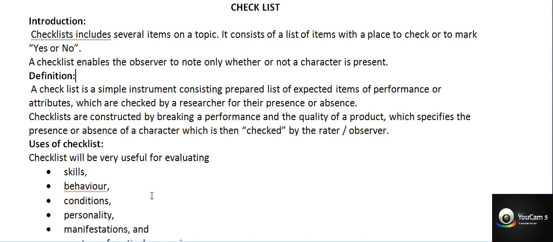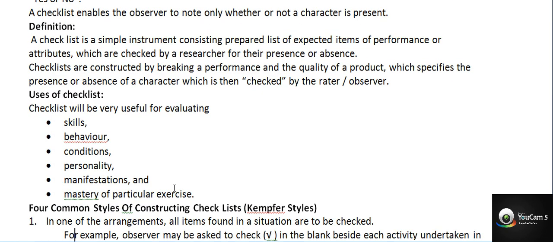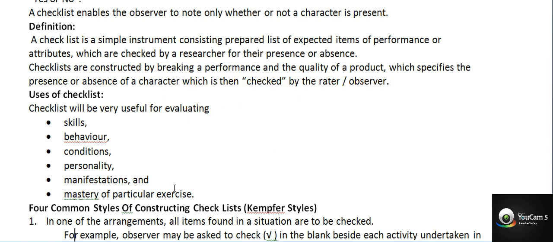Now the uses of a checklist. Observations are done to observe skills, behavior, conditions, personality, manifestations or signs, and mastery of a particular exercise, that is, mastery of a performance. If you want to assess, you need a checklist.